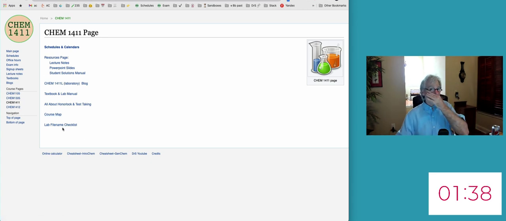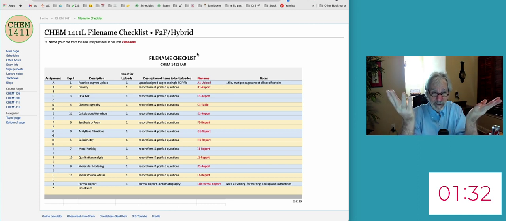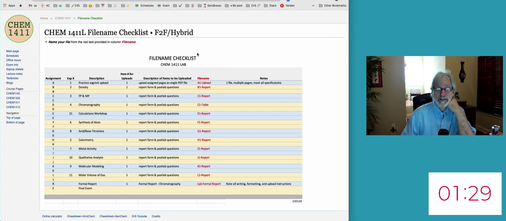Okay, and maybe the last thing here is called a lab file name checklist. As you do each lab, you're going to have to upload it, and you're going to have to give that file a name. You have to use the correct specified file name, which is found in the file name checklist. I have that posted on the web and through that link. You will upload it with that name.